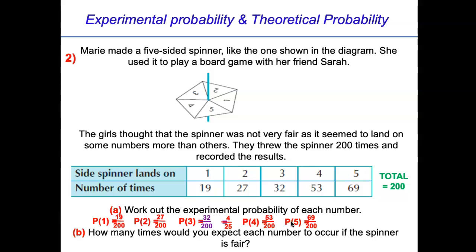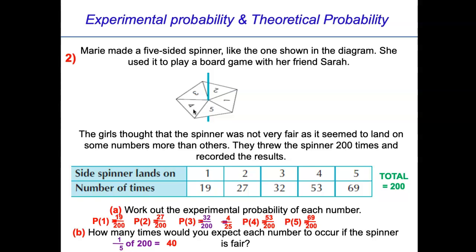Okay, so for letter B, how many times do you expect each number to occur? Our expectation is that because you have 5 portions here and they seem to be equal, each number will get an even chance of happening, and it should have been 1 out of 5. So we are expecting that it will land on each number 1/5 of 200. 200 divided by 5 is 40.